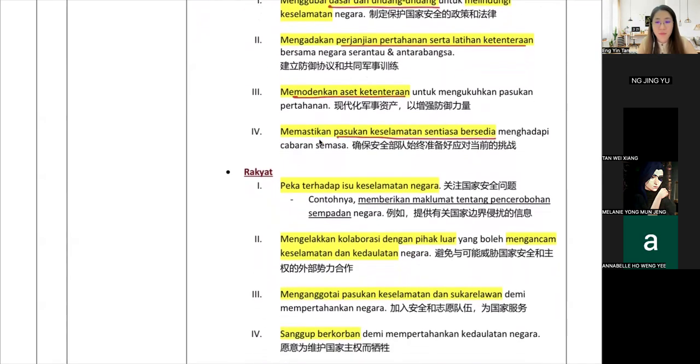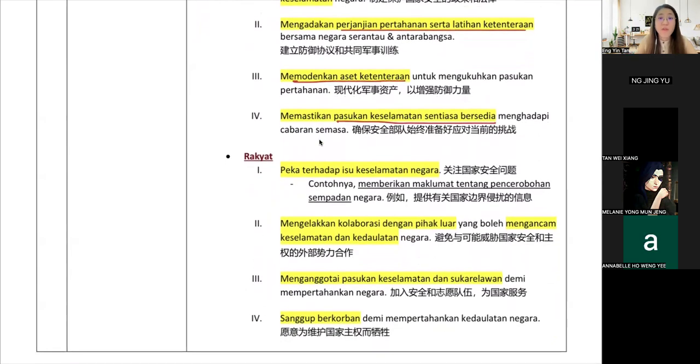As a citizen, what do we need to do in terms of defenses? We must be very peka with issue keselamatan. Okay, we must be very alert. So for example, provide information if you know anything serious, like someone wants to invade our country. Okay, pencerobohan means invade, 侵犯.